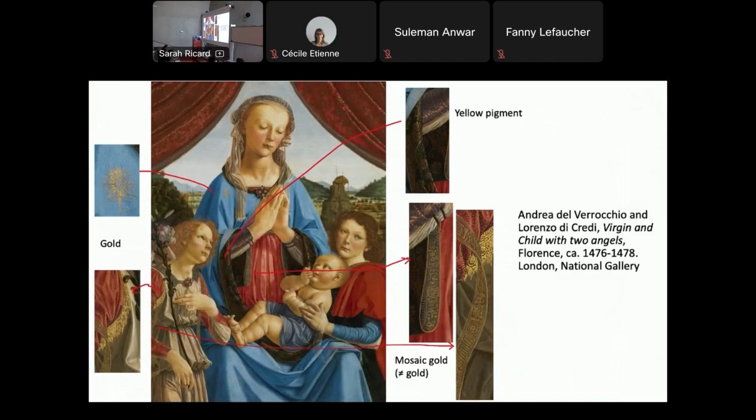And another instance of this combination of gold and other techniques imitating gold is this version by Andrea del Verrocchio, the master of Leonardo da Vinci. You have gold for the ornamental star, but you also have mosaic gold used on the orphrey of the sleeves, while yellow pigment is used to imitate the aspect of brocade in the painting.